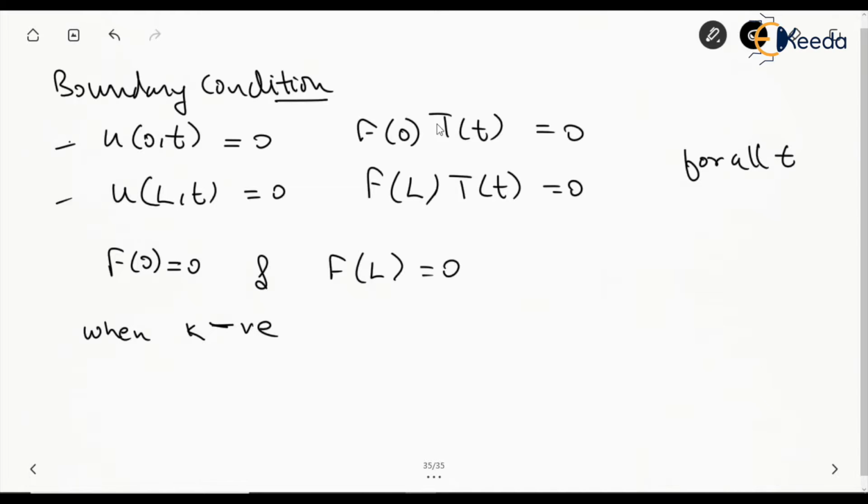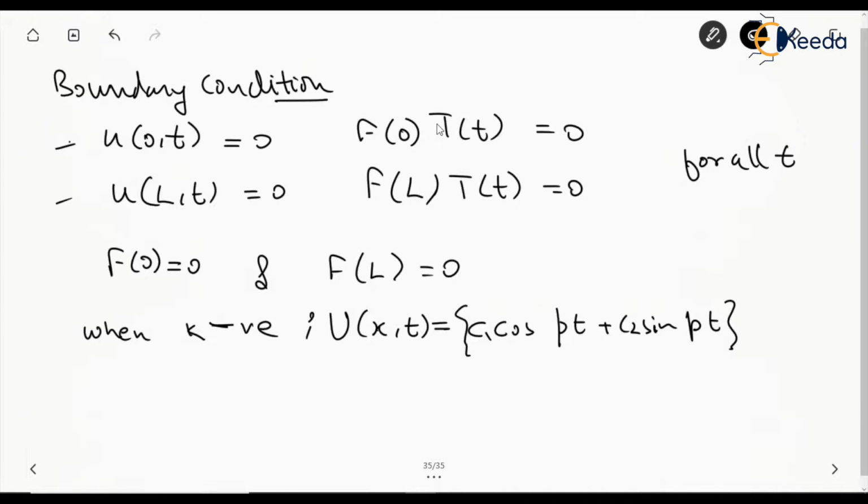Out of k equal to 0, k being positive, k being negative, if you remember, the only possibility is when k is negative, and in that case the equation we have discussed is c1 cos pt plus c2 sin pt into c3 cos p by c x plus c4 sin p by c x.